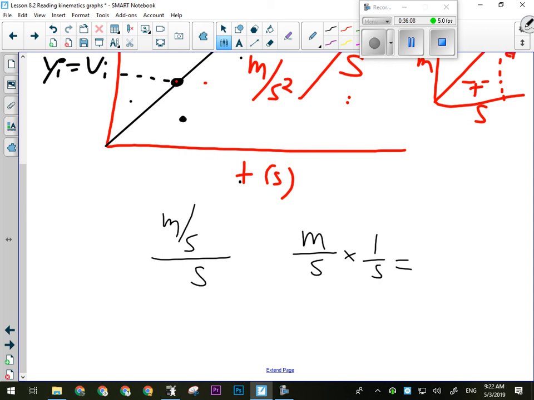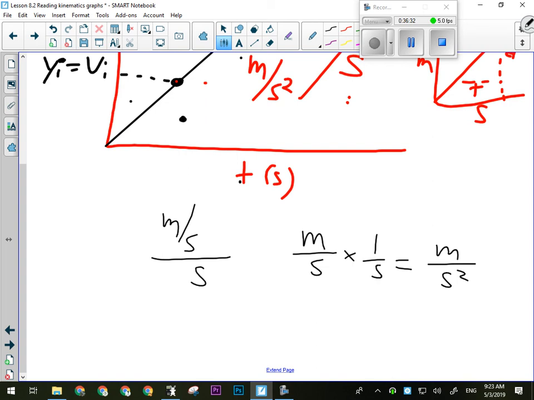What's meters times 1? Meters. What's seconds times seconds? Seconds squared. Our units for acceleration are often written as meters per second squared, but what they really are is meters per second per second.